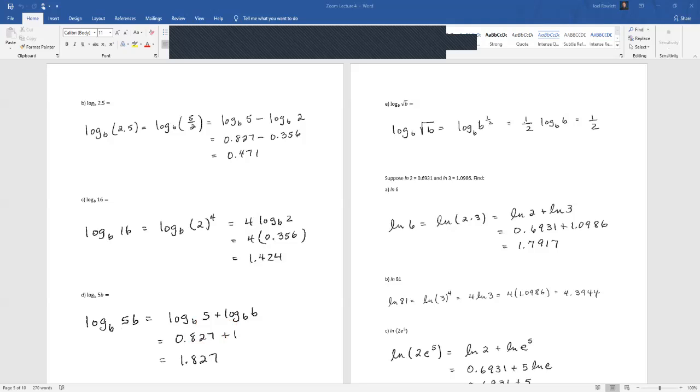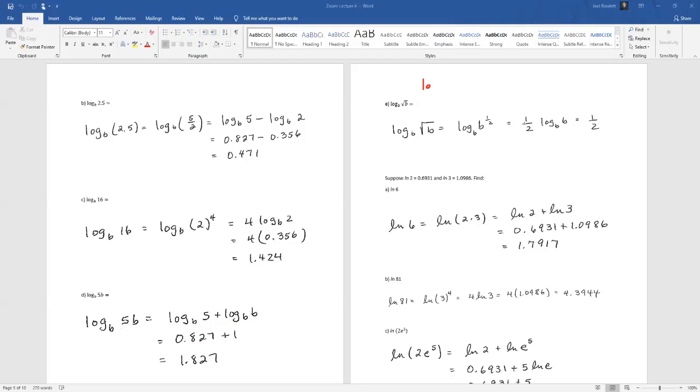If I go to the top of the page here, I have log base b of the square root of b. And notice if you go back and look at that table of properties, they don't really give us a way to simplify square roots. So what do we do? Well, we just go back and use our knowledge of algebra, which says that the square root of b is actually b to the power of 1/2.